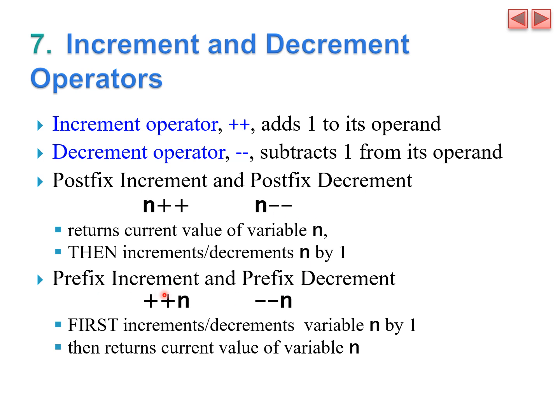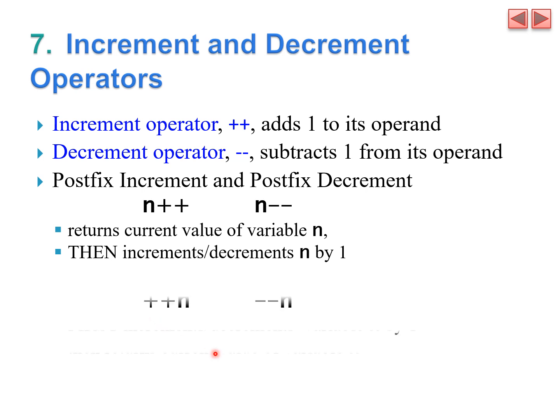Similarly, if you put the increment or decrement operator before its operand, then it is called prefix increment and prefix decrement. So in this case, it will first increase or decrease the variable n by 1, and then it returns the current value of n.